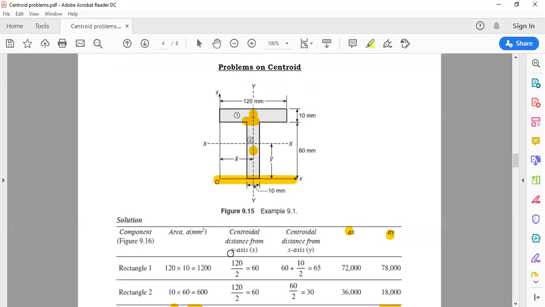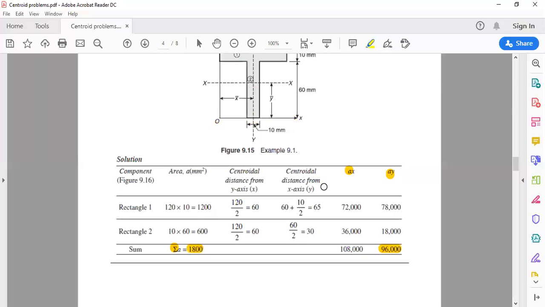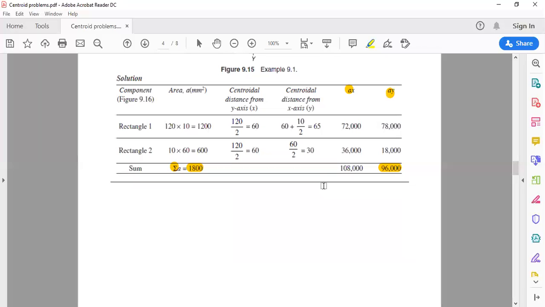So if you calculate, you will get the centroidal distance for this T section. So this is the problem on the T section.